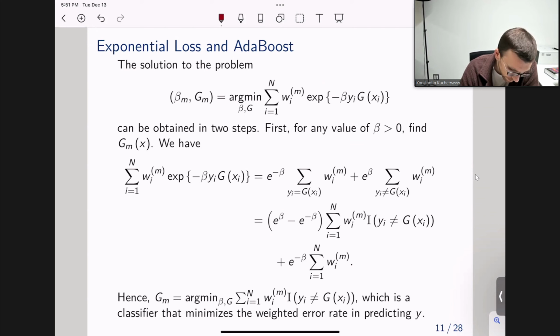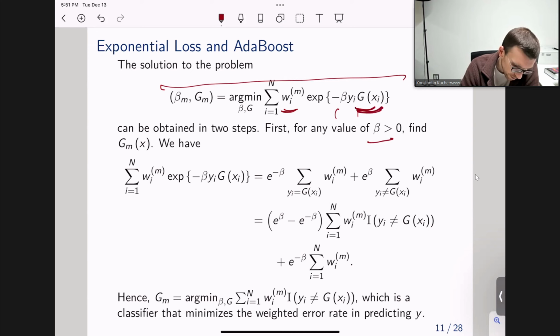We can solve this problem given the weights. We can solve this problem of finding beta and G in two steps. First, for any value of beta, we can find the classifier.